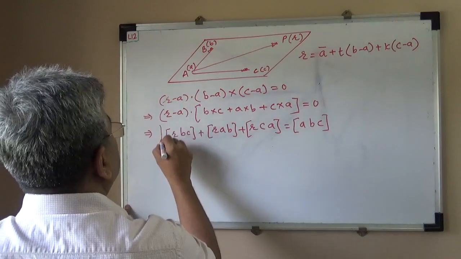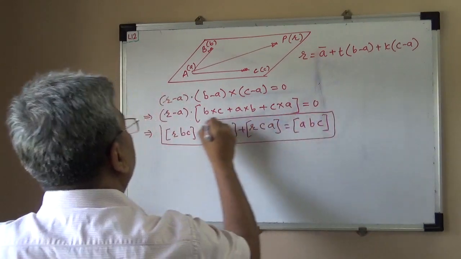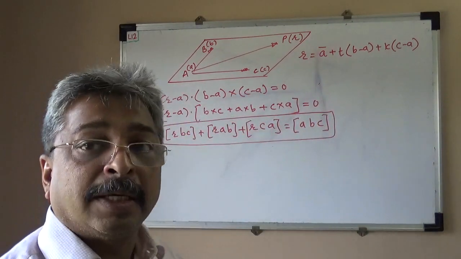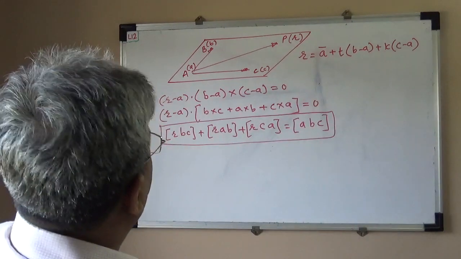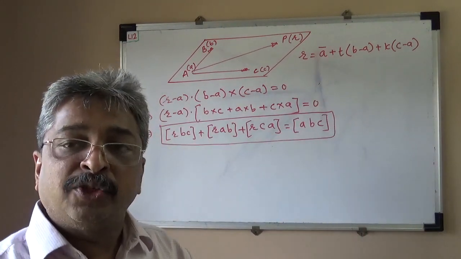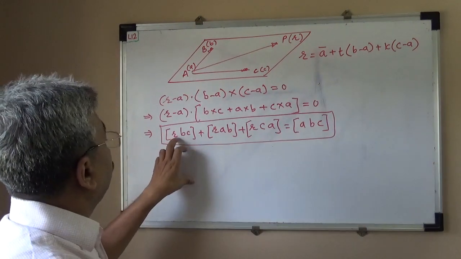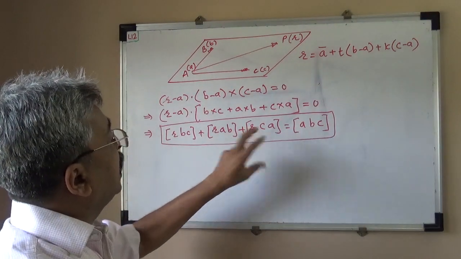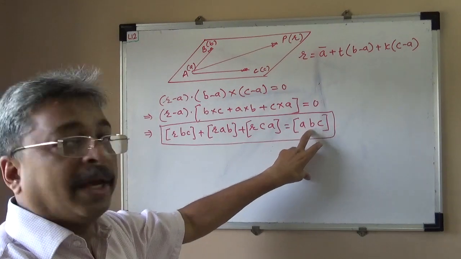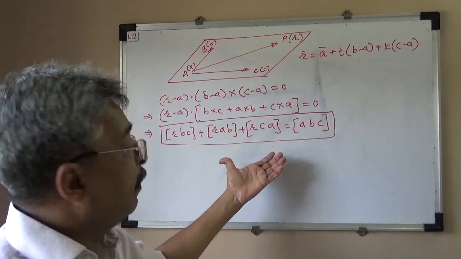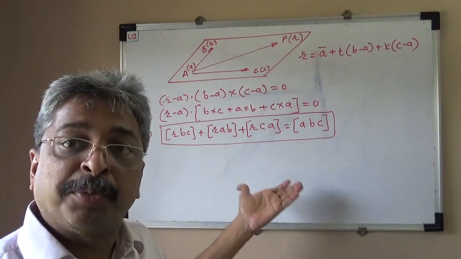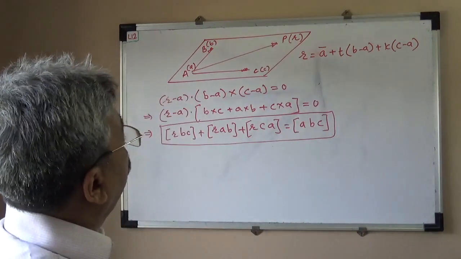So this is yet another way of expressing the equation of a plane. R is the position vector of the point which you are looking for, coplanar with ABC, and then RBC plus RAB plus RCA is equal to ABC. This is the equation of a plane using scalar triple product.